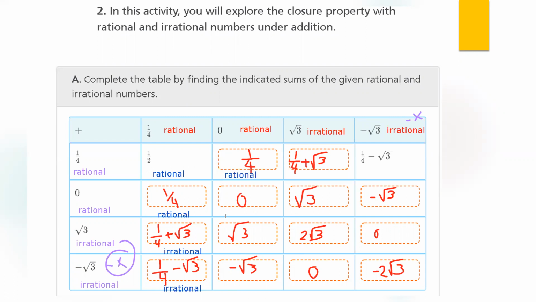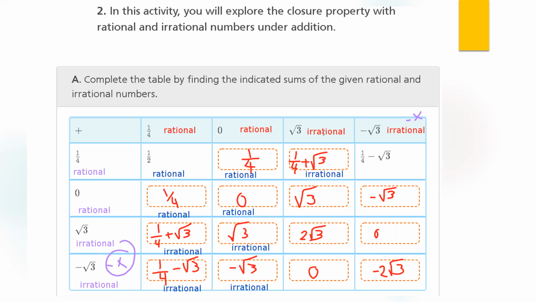Irrational with rational, the answer is irrational.